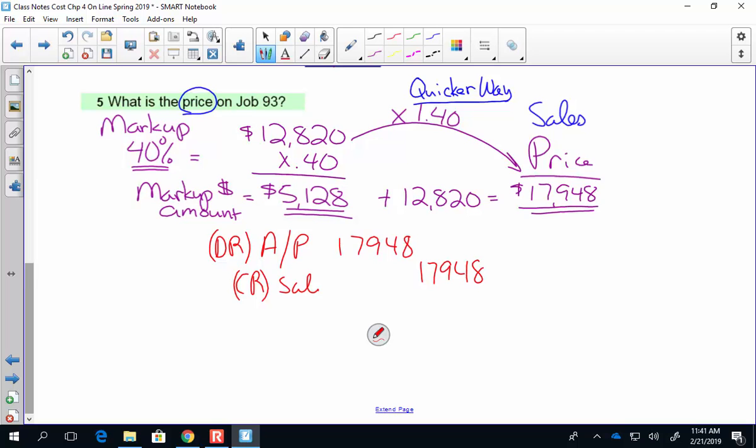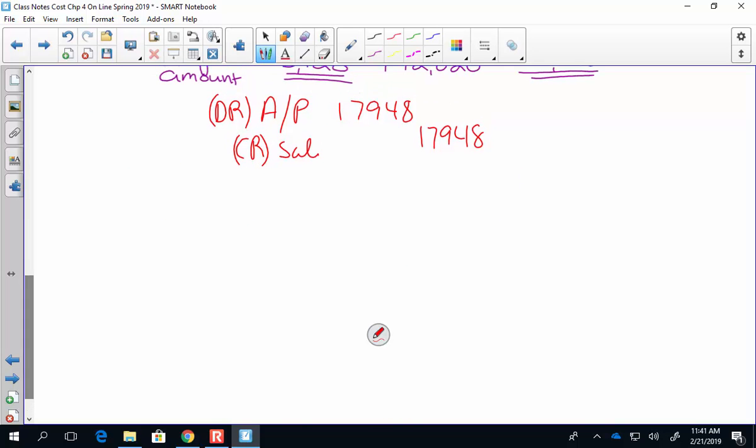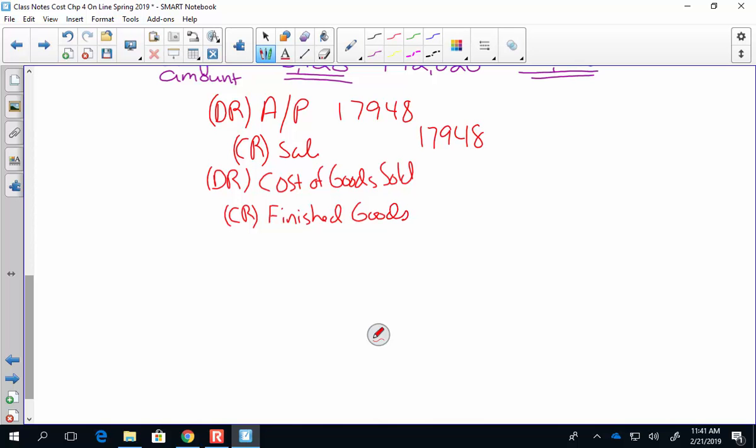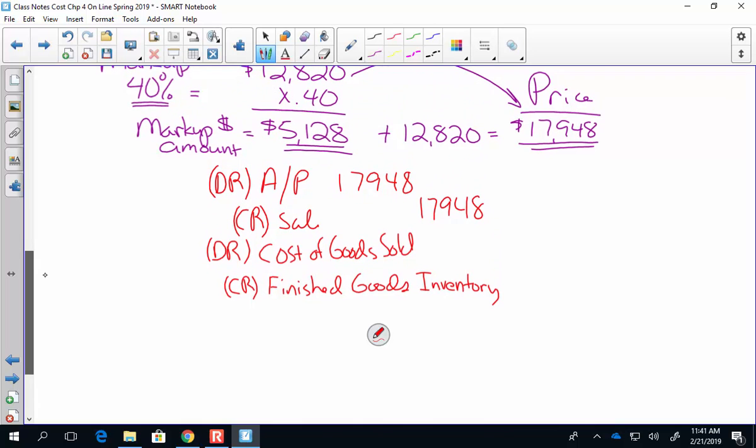And at the same time here, right, I would be debiting my cost of goods sold and crediting finished goods inventory for the 12,820, to complete the sale transaction.